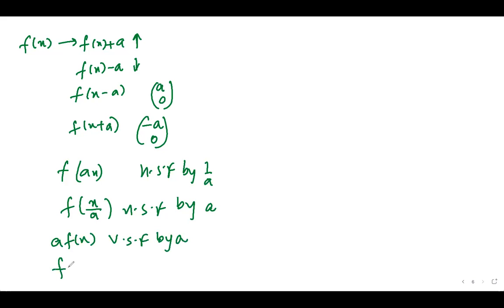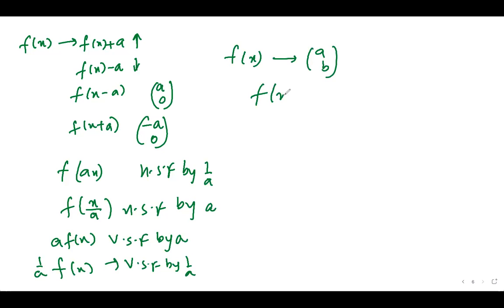If you got 1 by a f of x, it is a vertical stretch by a factor of 1 by a. What's more interesting is, suppose you're asked to translate a function according to vector a, b. It simply means nothing apart from f of x minus a, plus b. That's what the transformation is.